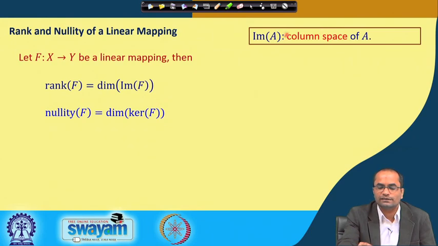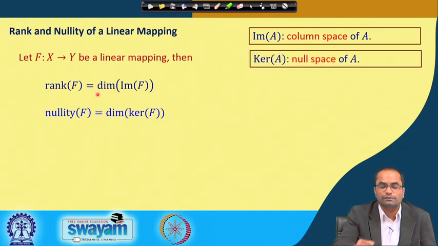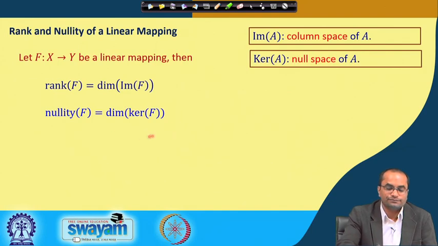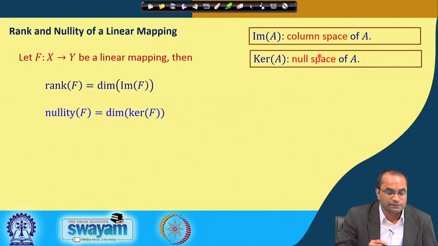So, the rank of the matrix was the dimension of the column space, but here we have the more general terminology, that is called the image of the mapping F. So, the rank of F is the dimension of the image F. Similarly, the kernel of A was the null space of A, and the nullity is the dimension of the null space, which we have discussed already before.